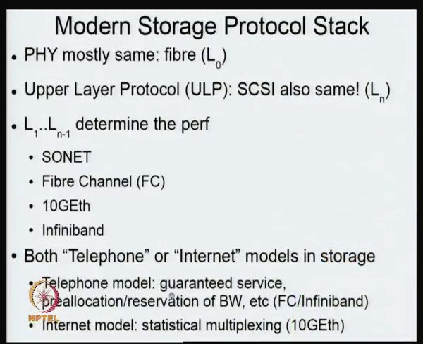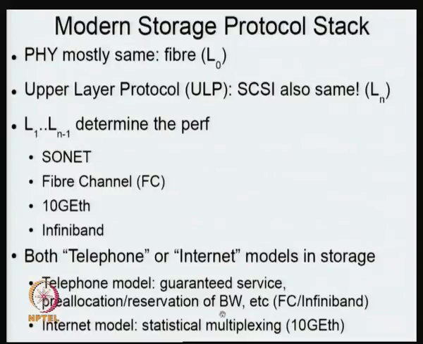There is pre-allocation and reservation of bandwidth, and this is typically followed in models like Fibre Channel and InfiniBand. There is also an internet model which basically attempts statistical multiplexing, for example, gigabit Ethernet or 10 gigabit Ethernet. Okay. So the idea here is there is no notion of guaranteed service or pre-allocation reservation of bandwidth.